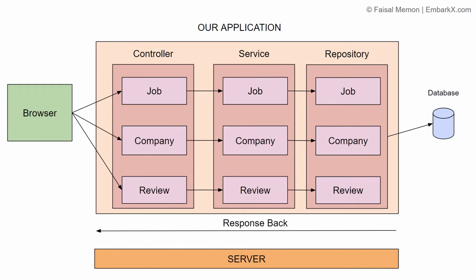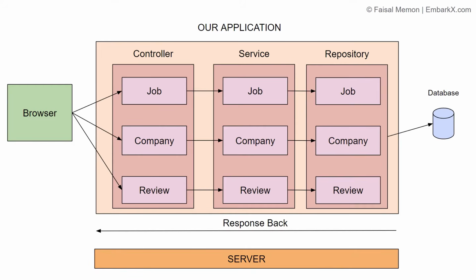So typically on a job site, whenever you visit, you have a job posted and that job belongs to a particular company. And then reviews are there against that particular company as to how that workplace is. And this is usually posted by the employees who are the users of the website as well.